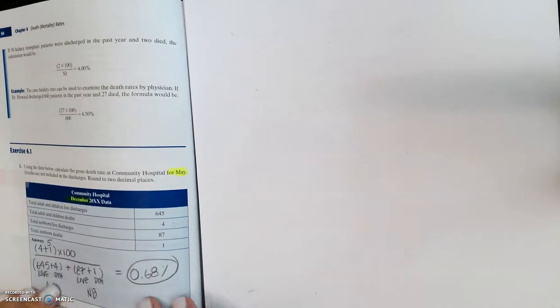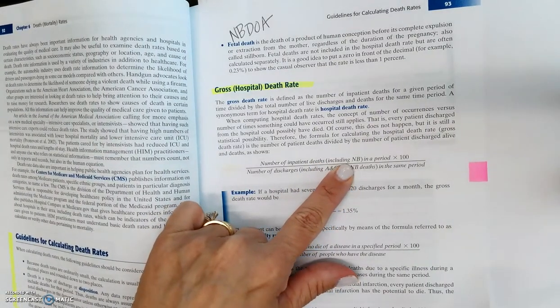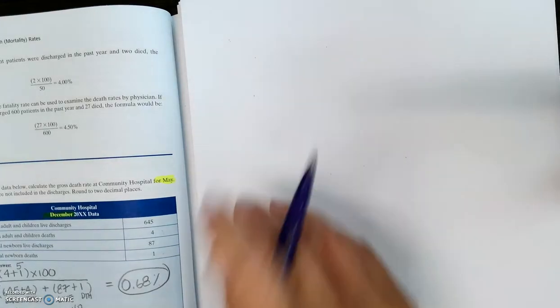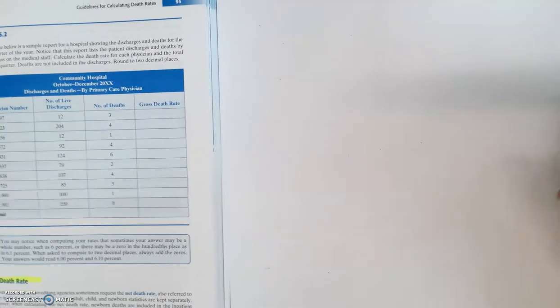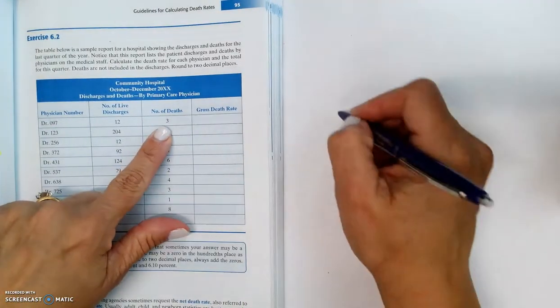So your formula asks you for the number of inpatient deaths, including newborns, in a period multiplied by 100. Dr. 097 has 3 deaths.